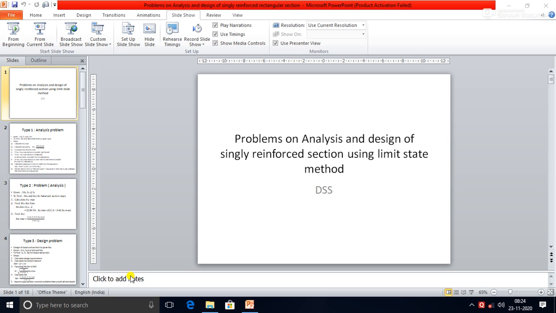This is an ideal method. The limit state method is an ideal method which takes into account the ultimate strength of the structure and also the serviceability and durability requirements.